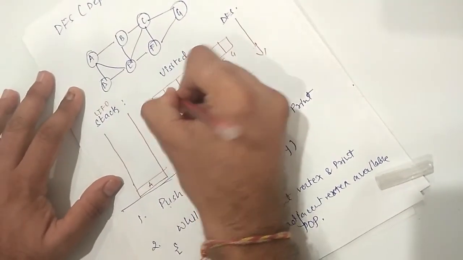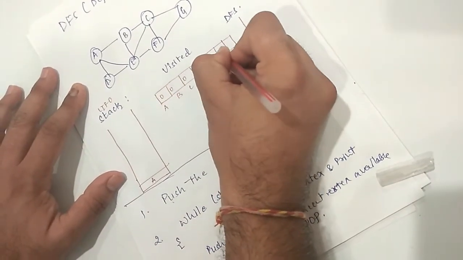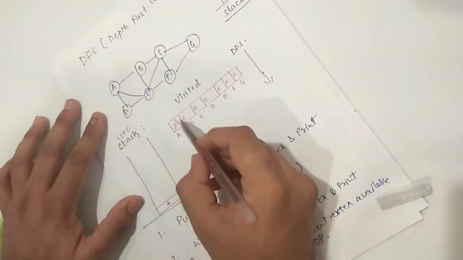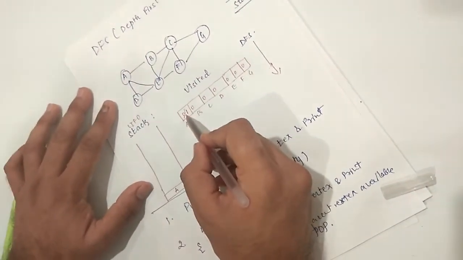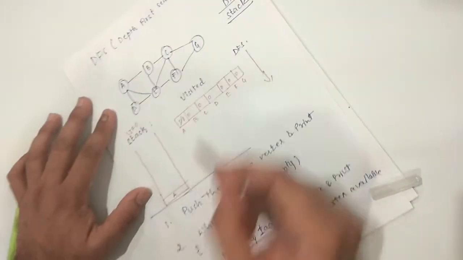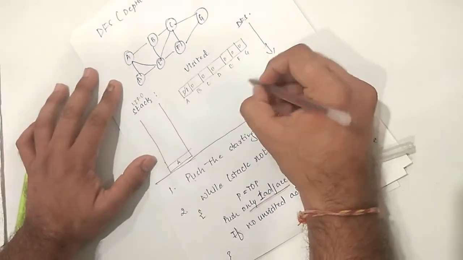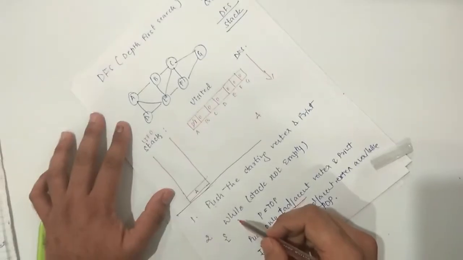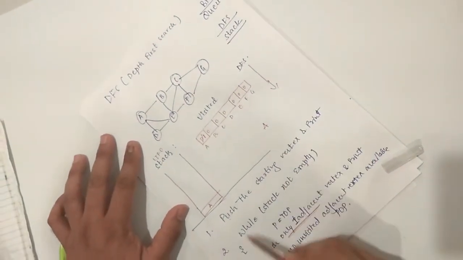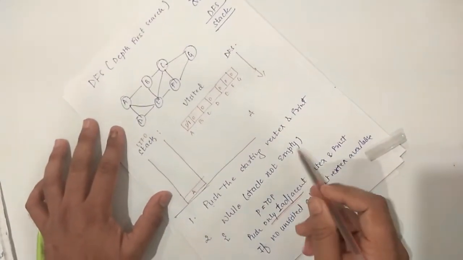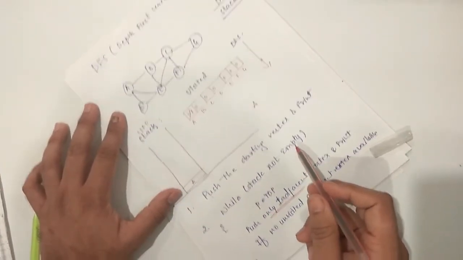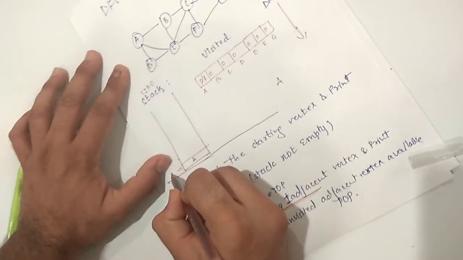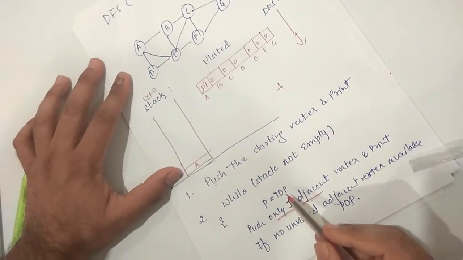Again, initial visited is 0. So the starting vertex, I have pushed it, and inside your visited array I have placed it as 1. Now along with pushing the starting vertex, you also need to print that. So I am printing it in our result of DFS, A. Next, while stack is not empty, so over here the stack is not empty, I need to assign this as P, which is top of the stack.